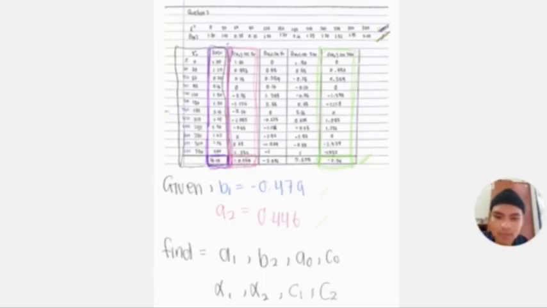So the first formula is fxr cos xr, fxr sin xr, fxr cos 2xr, and fxr sin 2xr. And after we calculate all this value, we must total up and get the summation of all that value. And from the summation, we can find A1, B1, A0, C0, angle 1, angle 2, and C1 and C2.